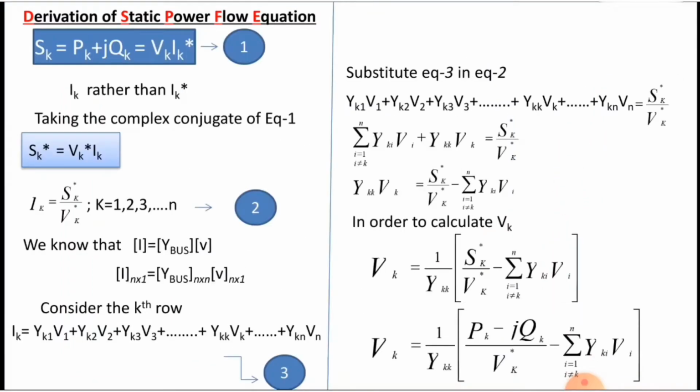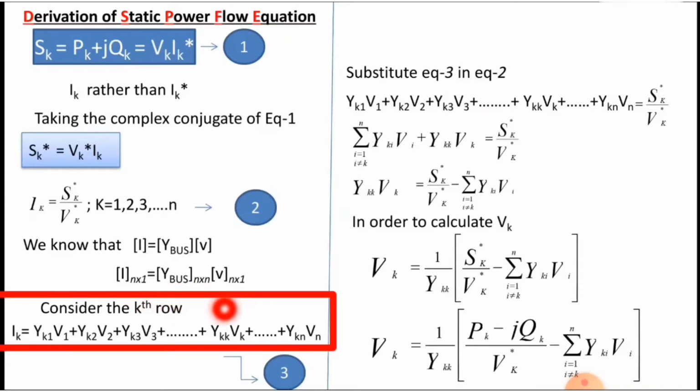It is written as, for the kth row, Ik is equal to Yk1 V1 plus Yk2 V2 plus Yk3 V3 plus and so on, Ykk Vk plus and so on, Ykn Vn. That is the third equation.